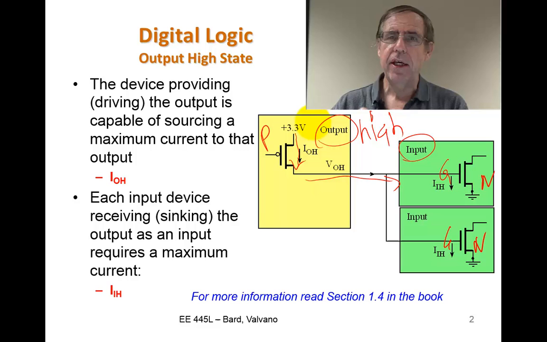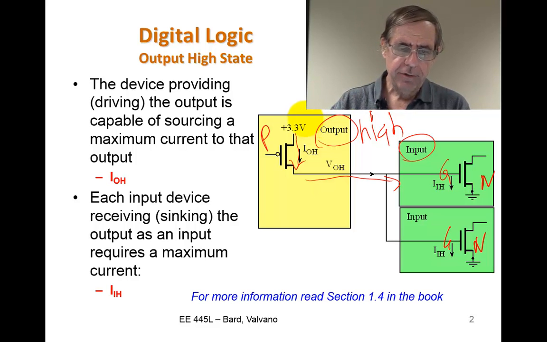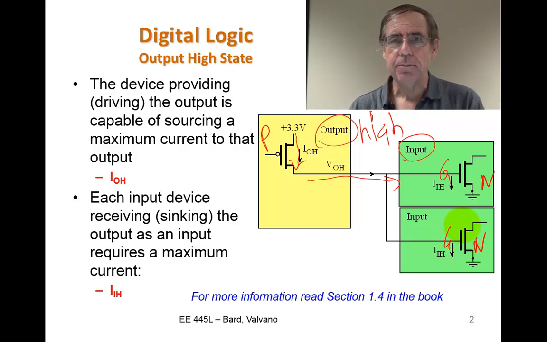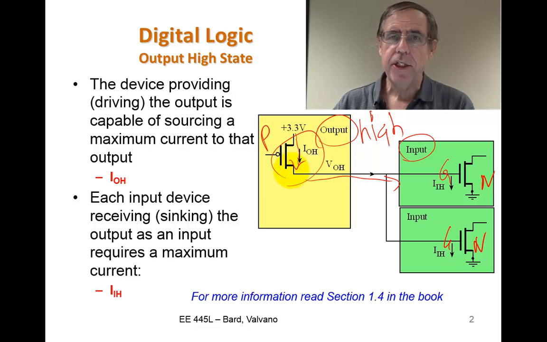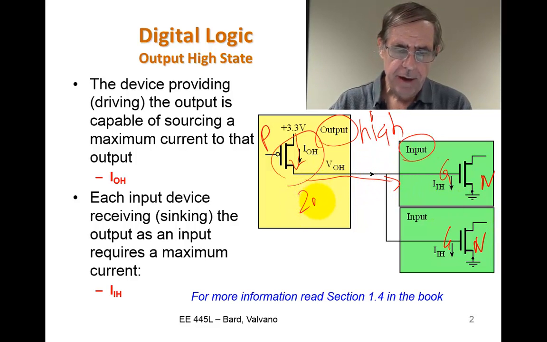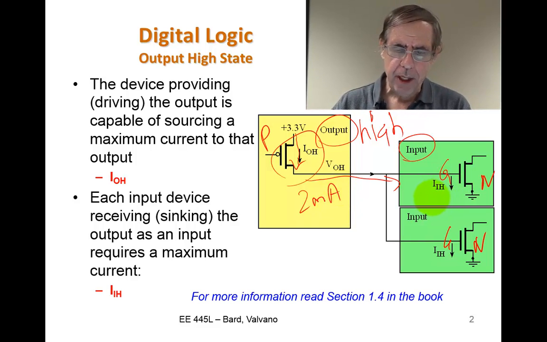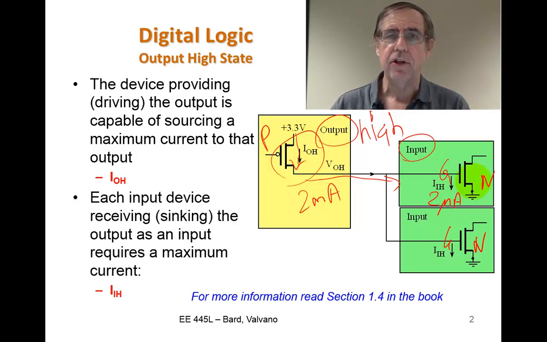So we see when the output is high, current flows out of this gate and into those. The amount of current that it can supply is a function of this p-channel MOS transistor, and the amount of current that it requires will be a function of these. We'll see that this current will have a maximum of about 2 milliamps in normal mode, but we'll only need about 2 microamps of current to drive its inputs.